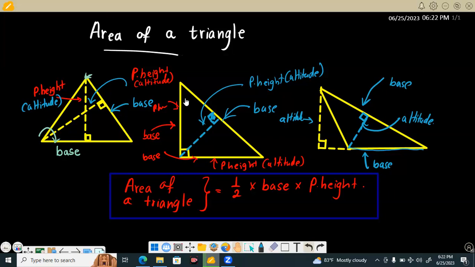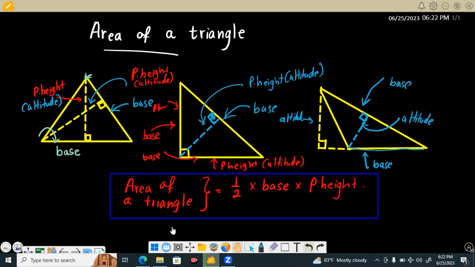Yes, Rashmina. Teacher, is everything written in red perpendicular height? Sorry, everything written in red color, is it perpendicular height? No, not everything. Okay, wait.